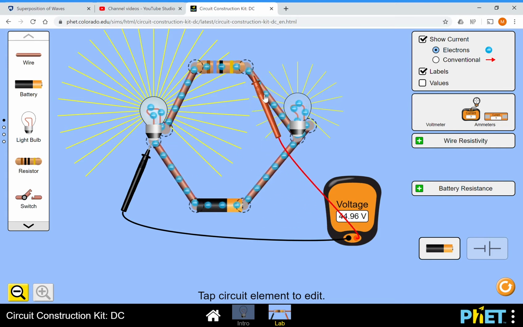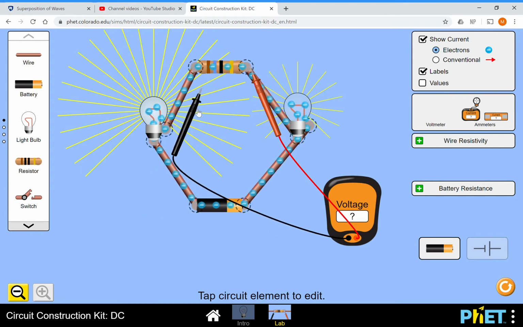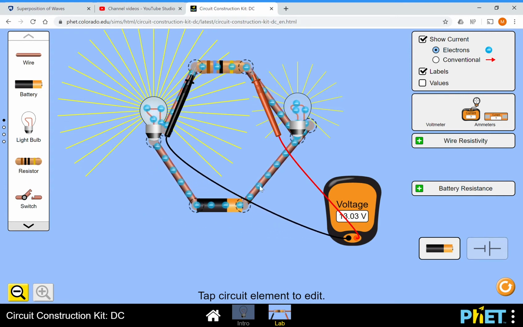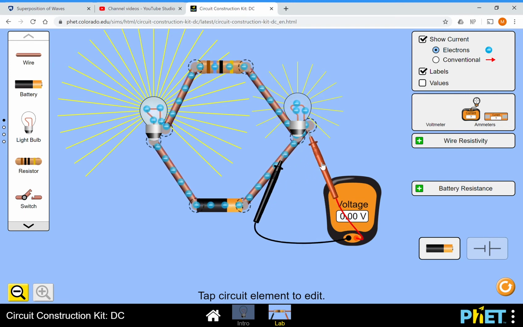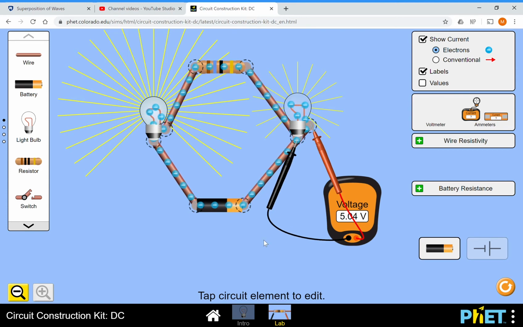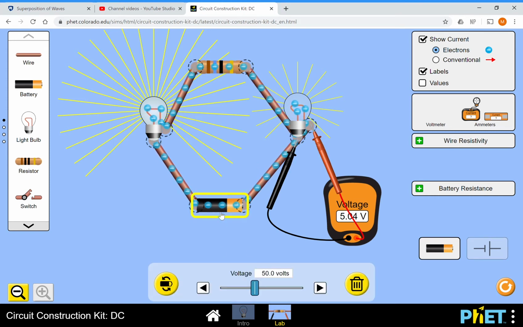Then the second one, the resistor, I get 13.03. And the third one, my last device, oh, I've got it backwards, hang on. I got 5.04. Now, if you add up those numbers, you'll notice they add to 50, which is the voltage across my source, 50 volts.